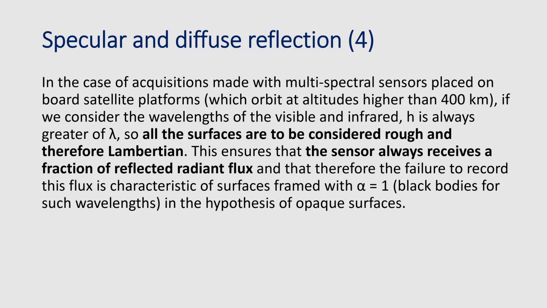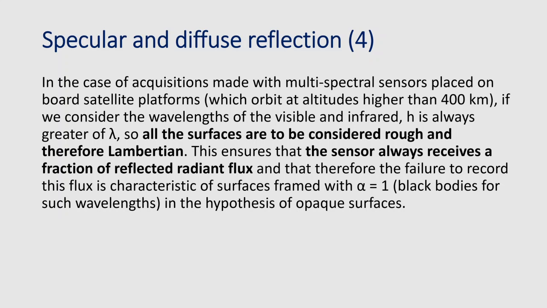This ensures that the sensor always receives a fraction of reflected radiant flux, and that therefore the failure to record this flux is characteristic of surfaces with alpha equal to 1, black bodies for such wavelengths, under the hypothesis of opaque surface.